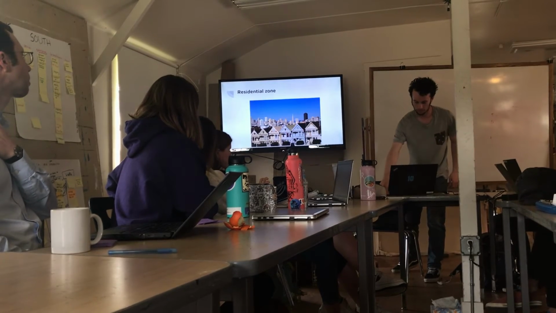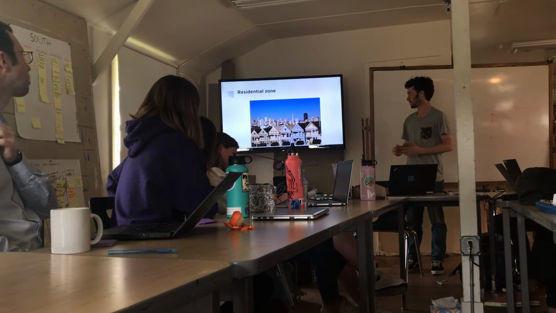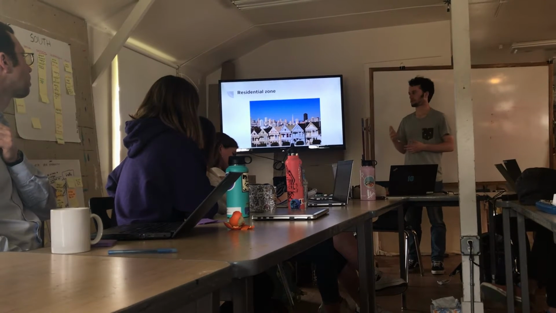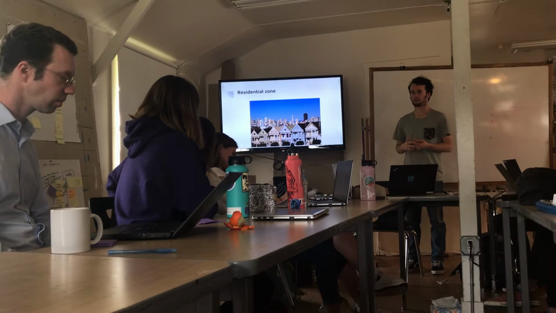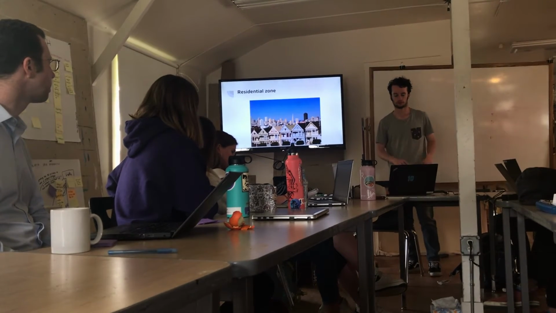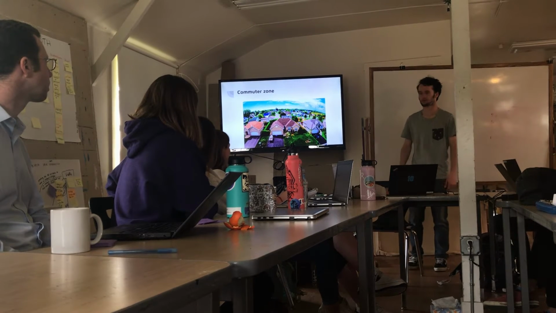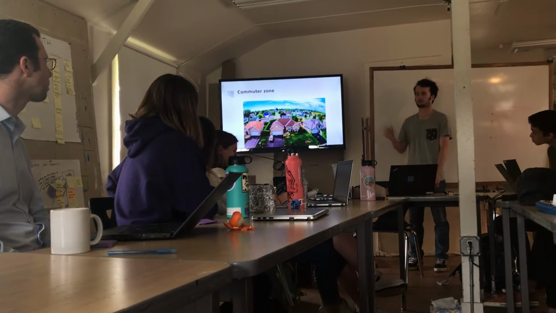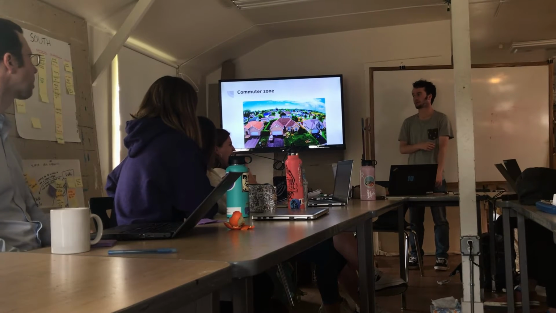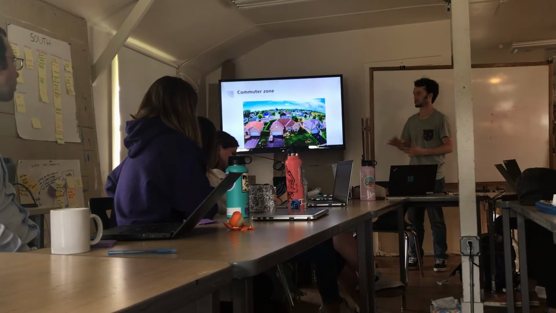Usually after that, there's a residential zone, which is typically nicer, more affluent homes. This is still within the city limits, but it starts to feel like the suburbs, which is the commuter zone. That's where a lot of people who work in the central business district will live with their families.